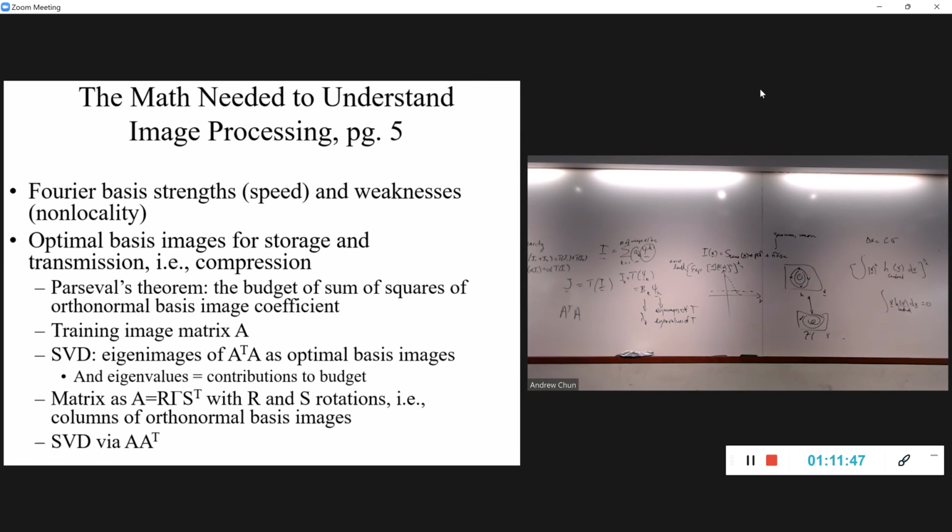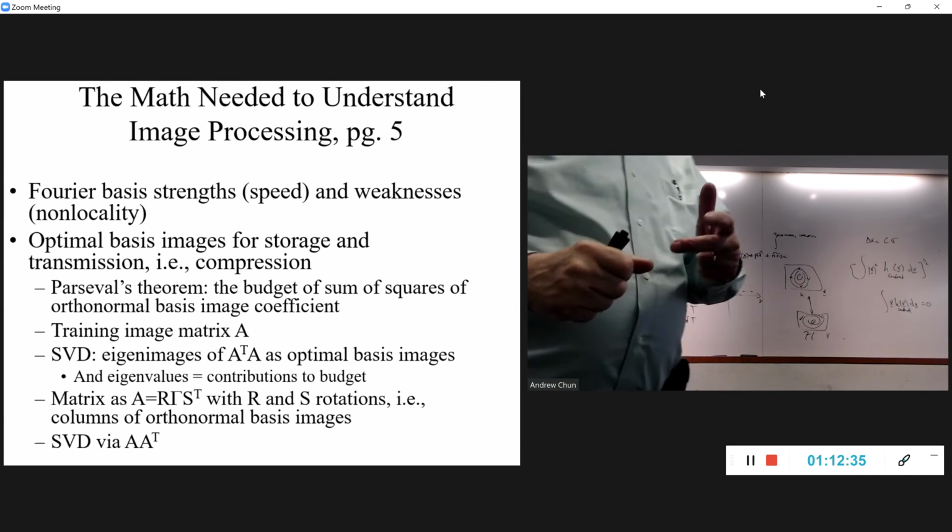The other major thing that you need to take home and understand is that understanding images in rotated coordinate systems is beneficial, and that any matrix, for example A transpose A or A transpose, or any matrix, square or rectangular in any direction, involves two rotation matrices and orthogonal scalings in orthogonal directions.